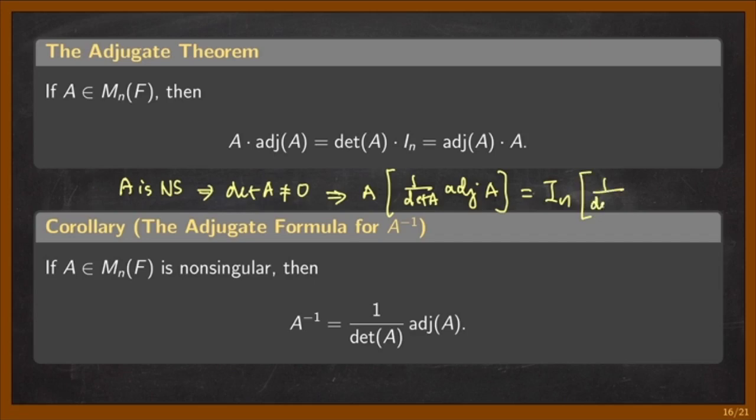Similarly, 1 over determinant of A, times adj A, times A is equal to the identity. Therefore, whatever this matrix is, this is the matrix that you need to multiply to A to get the identity. Therefore, this is precisely the inverse. So how do you get the inverse?